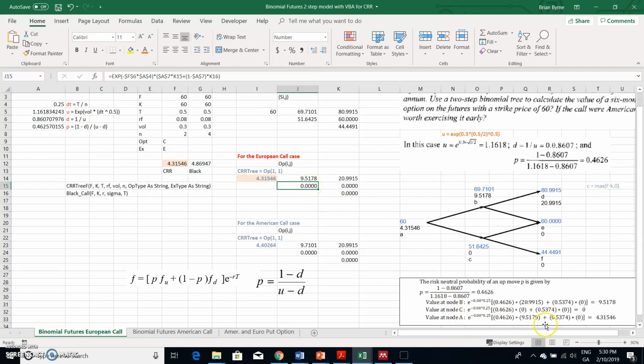And then the final estimation in terms of the European option. I'm working out the value of the European option here because we don't have any other decision rules imposed for the moment.